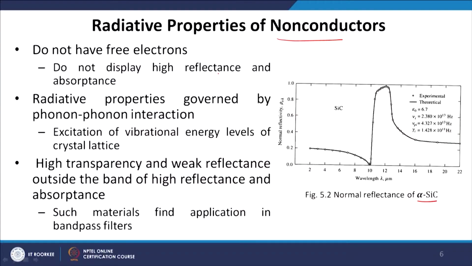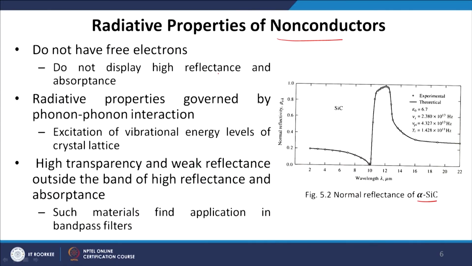In non-conductors, when radiation energy is absorbed, the energy excites the vibrational levels of the crystal lattice, and due to this vibrational excitation, the radiation energy is absorbed. This vibrational excitation does not happen at all wavelengths, only at selected wavelengths.